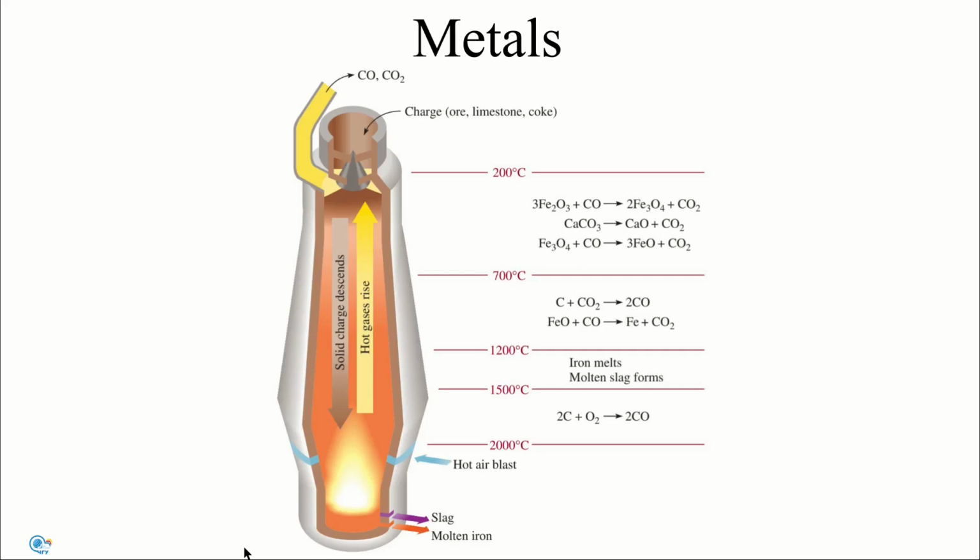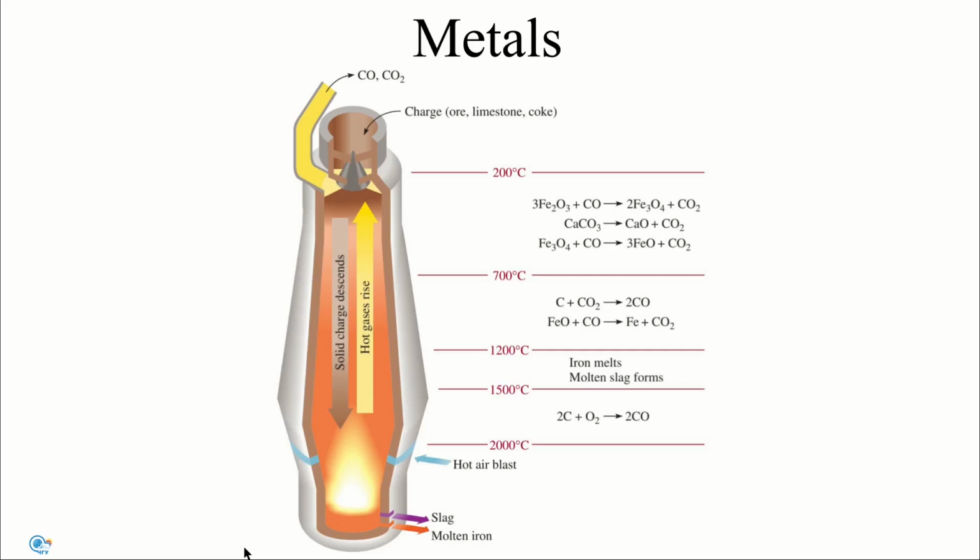Pig iron is granular and brittle. It has a relatively low melting point, about 1180 degrees, so it can be cast in various forms.